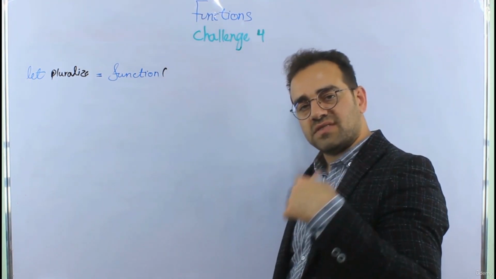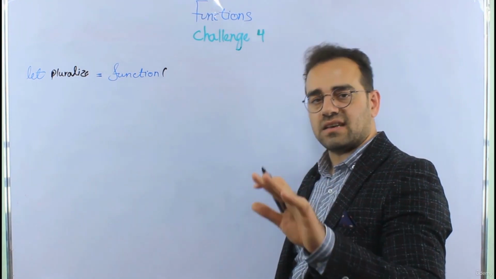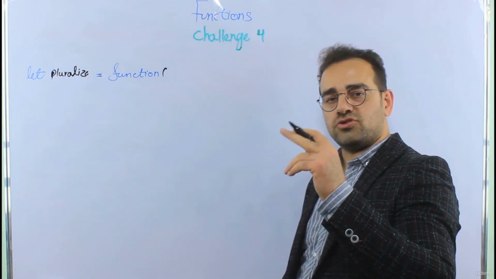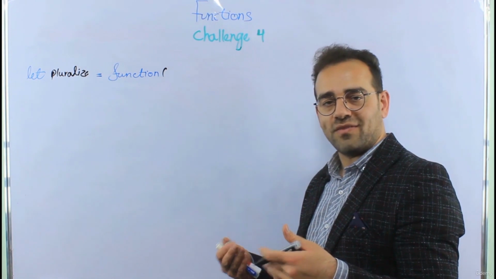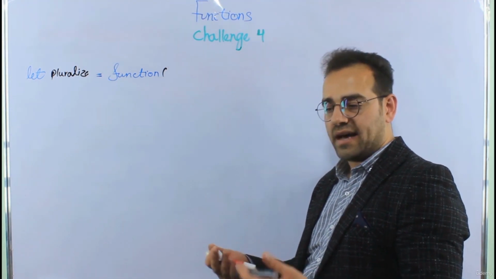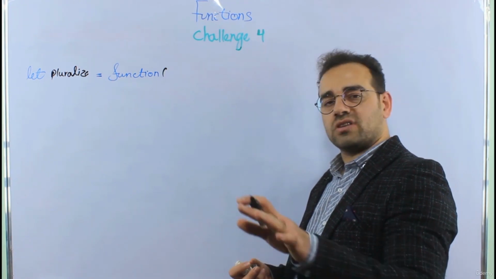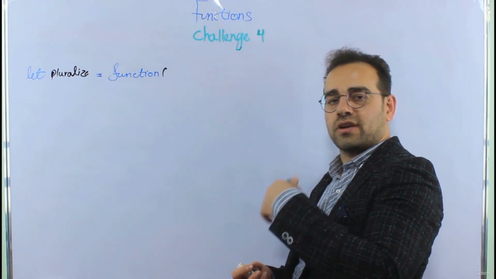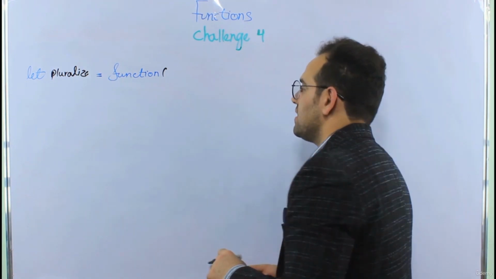we just want to receive a string and add an S at the end of it. Now we are not going to jump into too much English grammar, like some strings need ES, like class, glass, something like that. I'm just going to keep it simple and just add an S, and that's it.